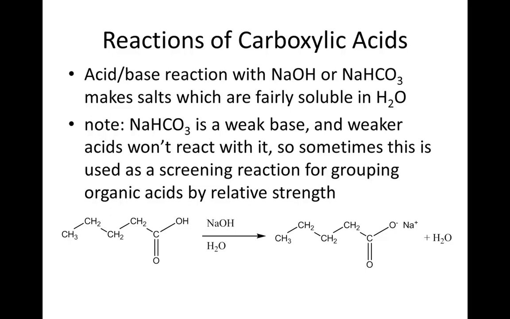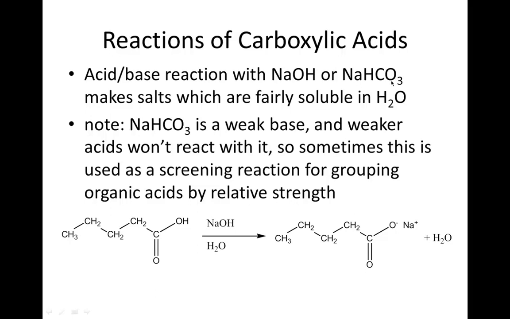You can make the sodium salt of the acid. And this is important for several reasons, which I had talked about previously, including purification or titration. The long-chain carboxylic acids, when they're made into salts, are soaps. So there's a lot of reasons why we're interested in this reaction.